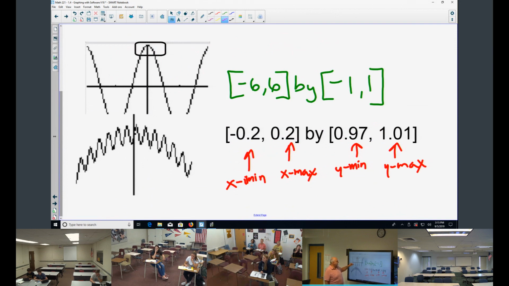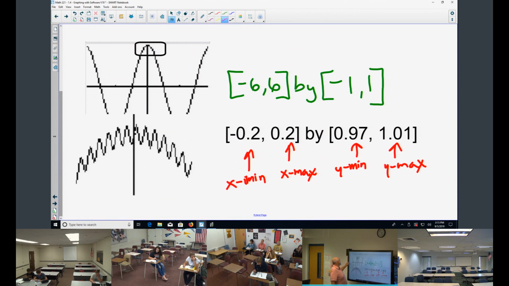It's like a sine wave made up of sine wave or cosine wave. But you would have to zoom in pretty far to see that, and so sometimes it's not obvious. So if I tell you to fix your window like that, it's usually because we're seeing something really weird going on.